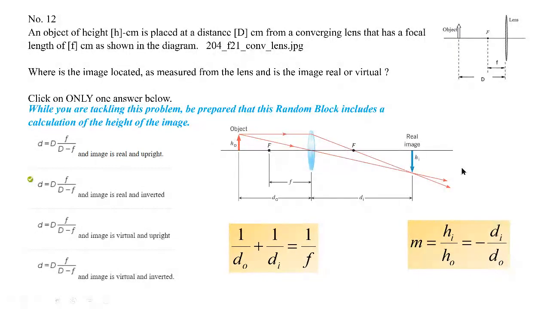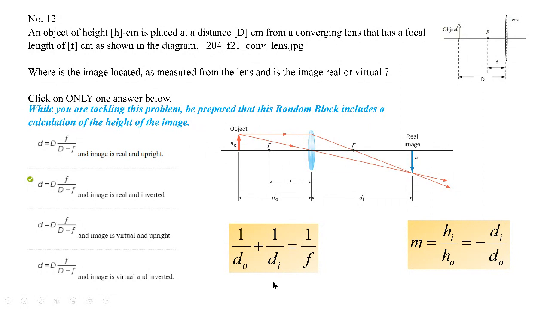This picture identifies the object distance, that's d0, and if this is your focal length f, it identifies where the image is.